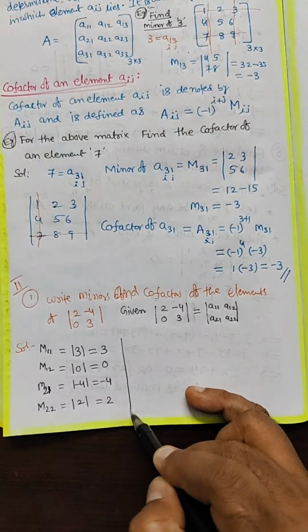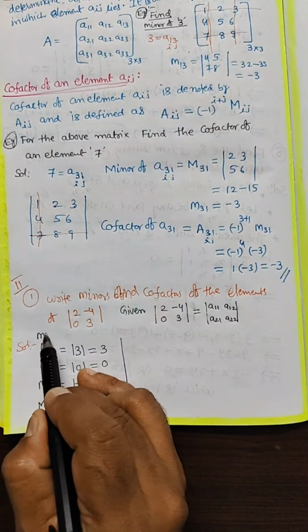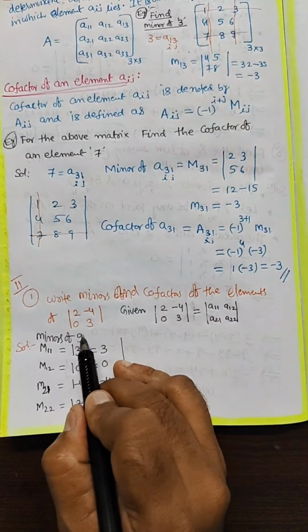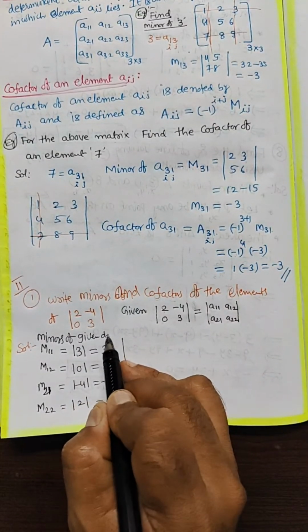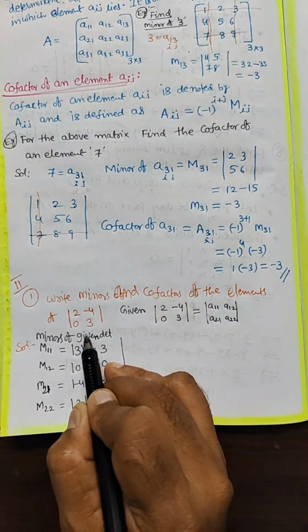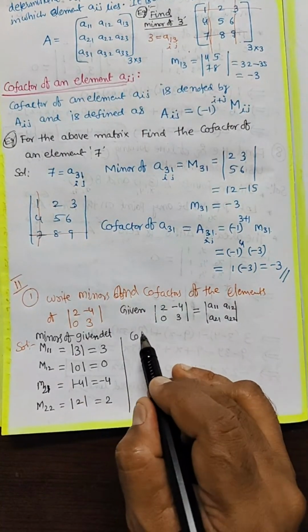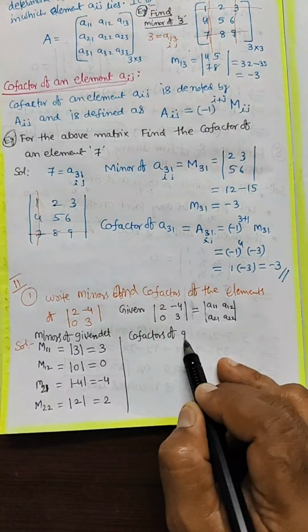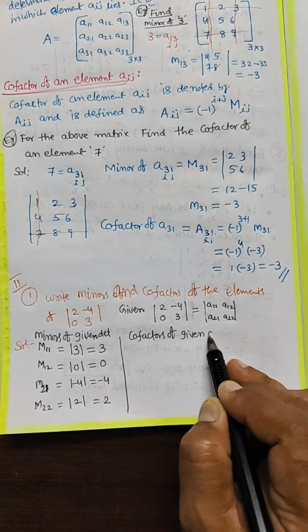Next, these are the minors of the given determinant. Next, cofactors of the given determinant.